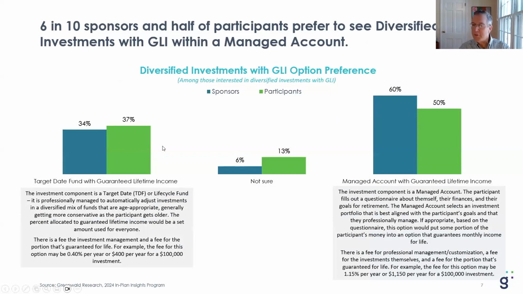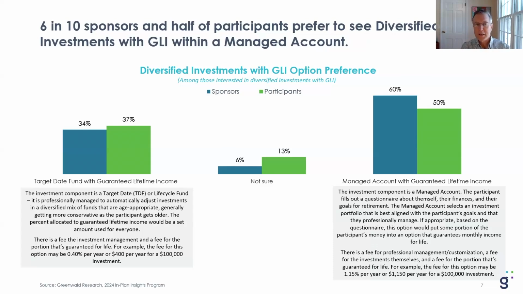So for that diversified option, we then had a follow-up question that we asked anybody who expressed even some interest in that option: would they prefer to have the underlying investment component be more like a TDF, a target date fund, described on the left side here, or something more like a managed account, as described on the right-hand side?